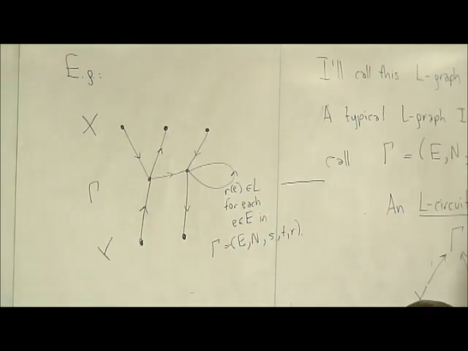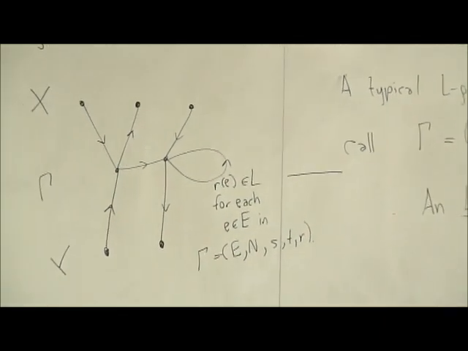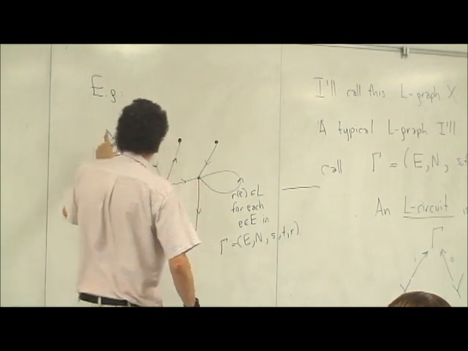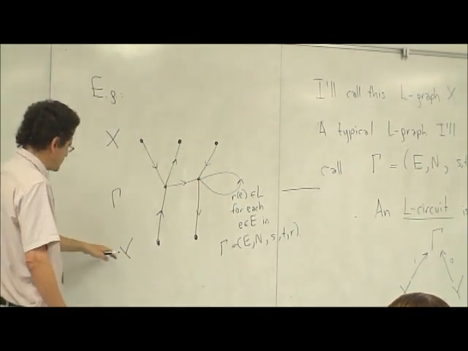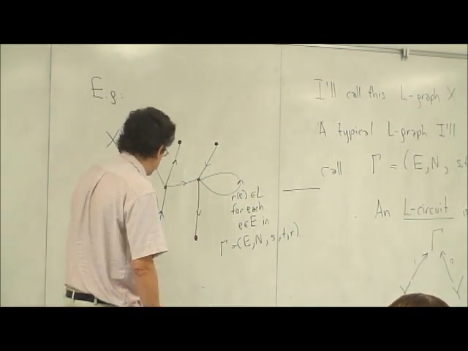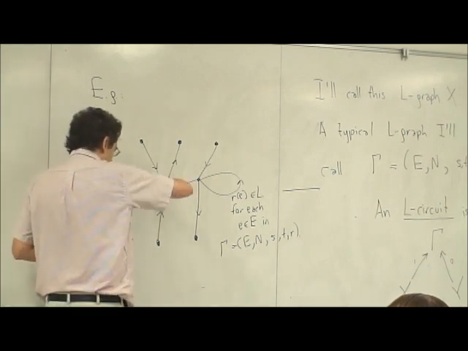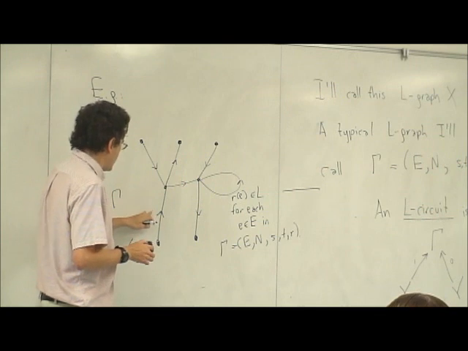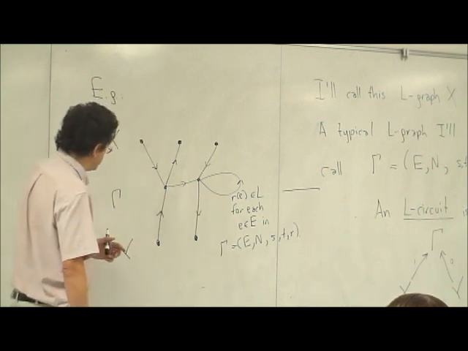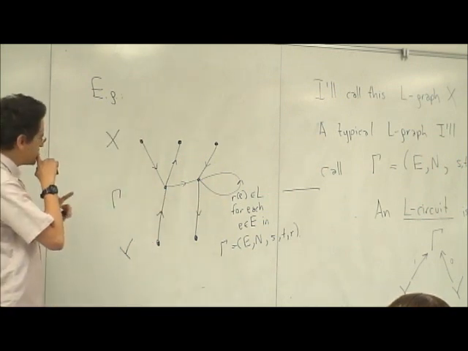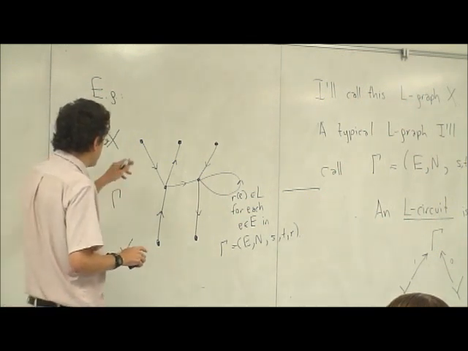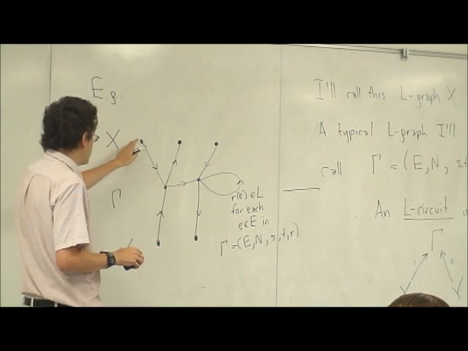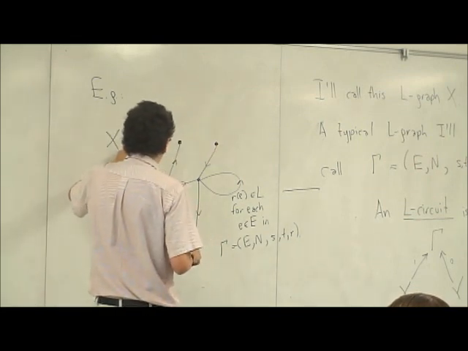So the idea is this is what an electrical circuit is supposed to be like. I'll have a bunch of inputs forming some finite set. It'll have a bunch of outputs forming a finite set. And then it will have its body, which will be a bunch of wires, each of which has a resistance. So the way we're thinking of this is that we're thinking of the input as a very boring sort of L graph in its own right that happens to have no edges.